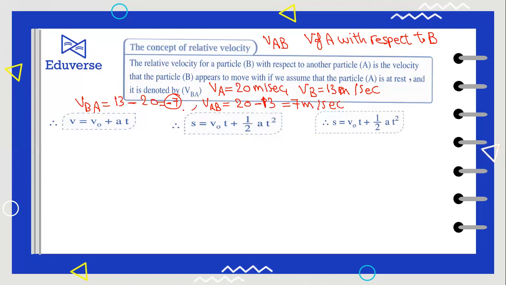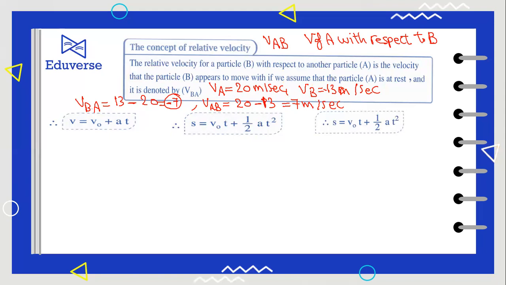But if the two bodies move in opposite directions, then the two bodies have different signs of velocity. That means if the velocity of A equals 20, then the velocity of B is negative 13.